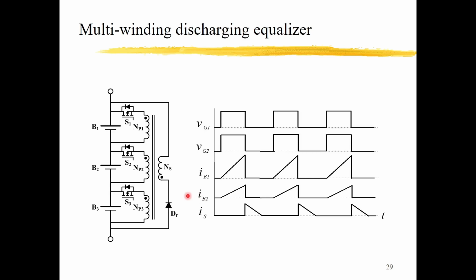We can also make it reverse. Now there are several primary windings and only one secondary winding.